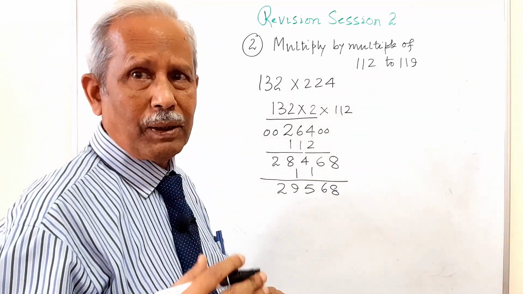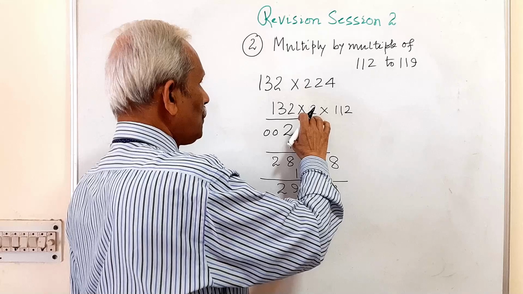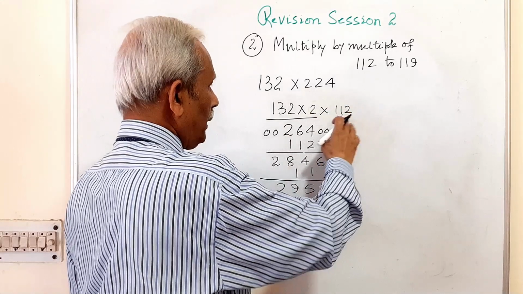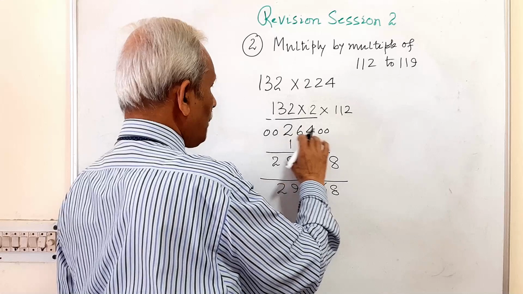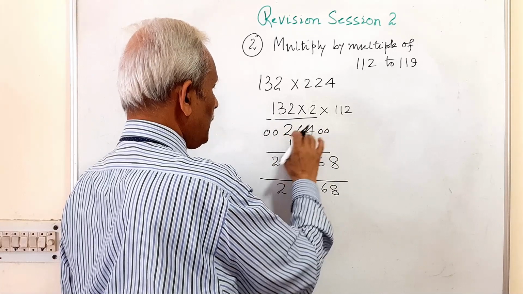Things are very simple. The only thing is you have to follow it. What we did is multiply this with 2. Make it 224. Make it 2 into 112. Then multiply these 2 and it becomes 264. Then multiply with 112. Put 2 zeros here, 2 zeros here.